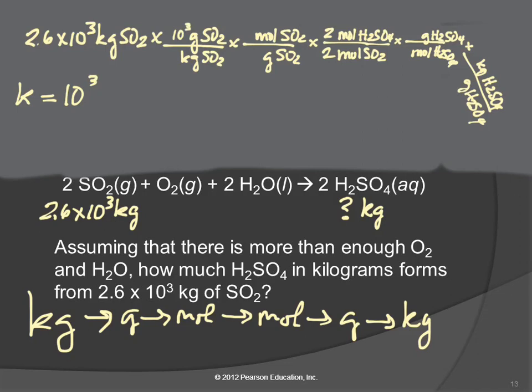And then to help me remember how to put that into my calculator, that's 1 times 10 to the third. And then as long as we're talking about kilograms, we might as well take care of this guy at the end. Here at the end, kilo is on the top, and so we need the 10 to the third on the bottom. 10 to the third.